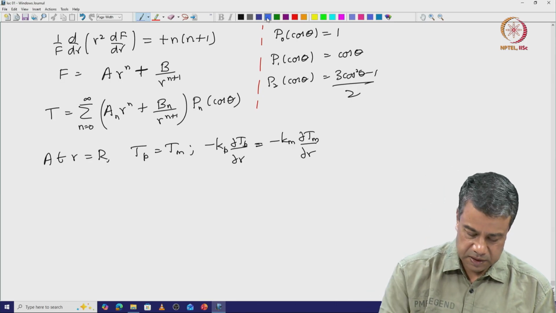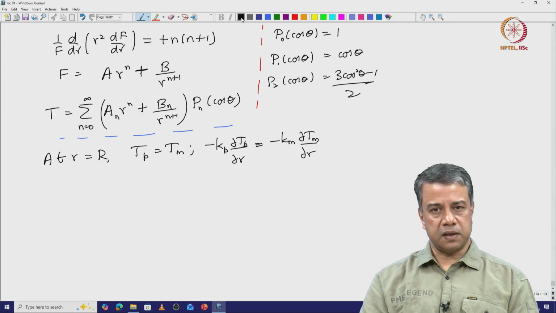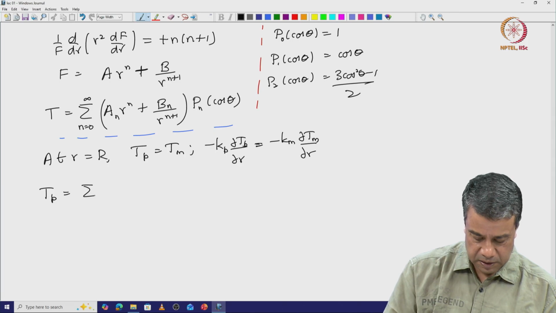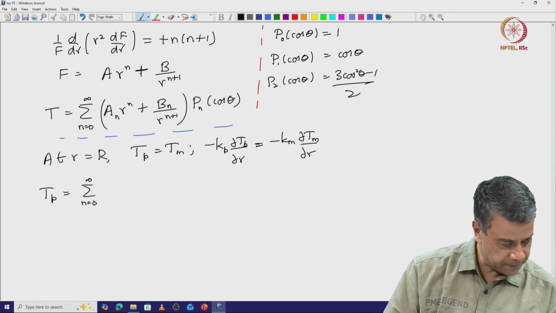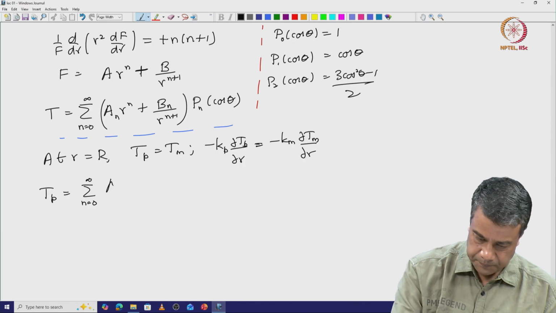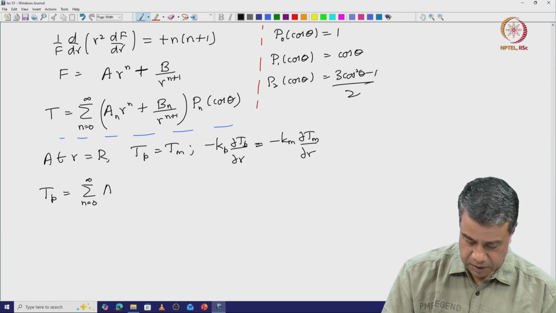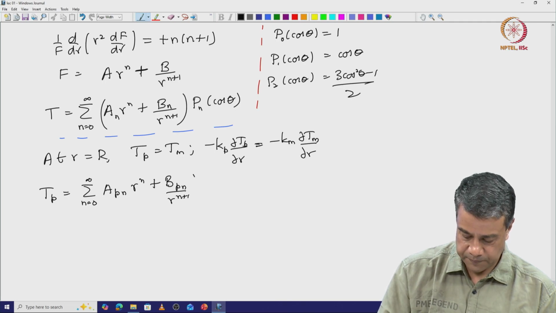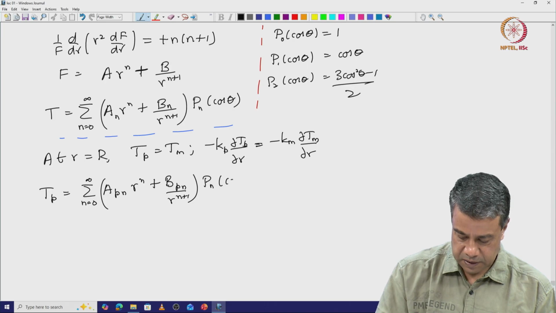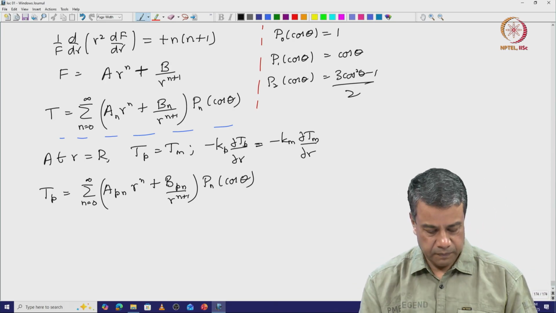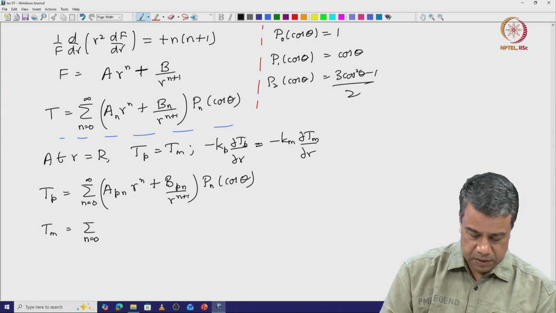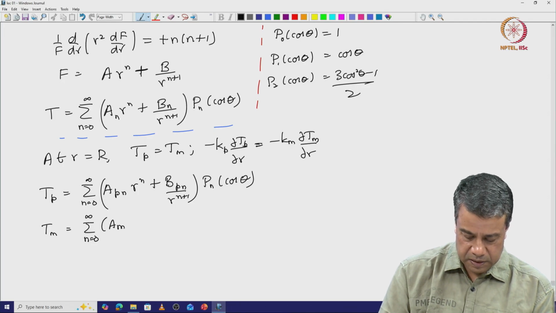This solution, as I said, is valid both within the particle and outside the particle. So, within the particle, I can have the summation n is equal to 0 to infinity of A particle n r power n plus B particle n by r power n plus 1 times Pn of cos theta. T matrix is equal to summation n is equal to 0 to infinity A matrix n.